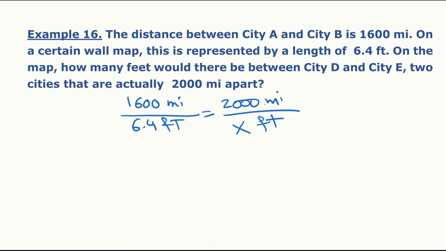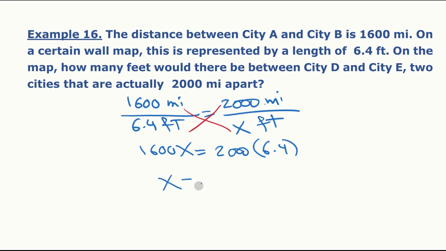So we get 1600x equals 2000 times 6.4. Notice we are just cross multiplying. So we get x equals, divide both sides by 1600.